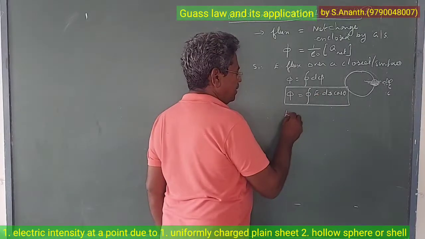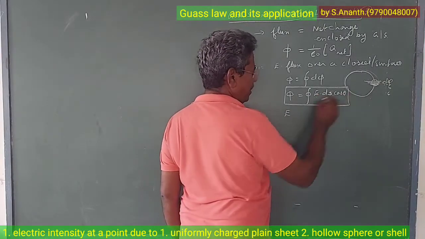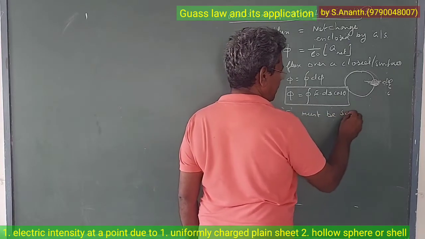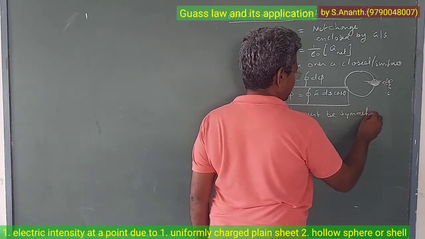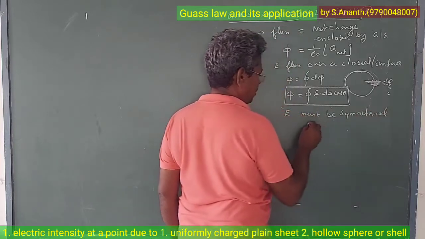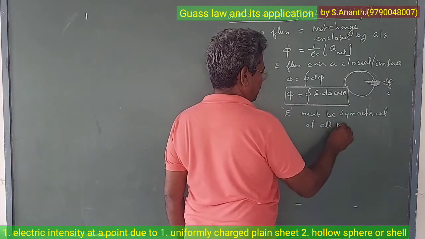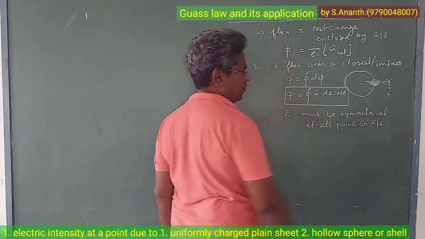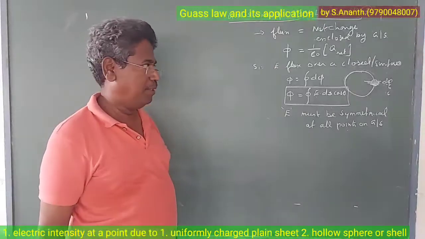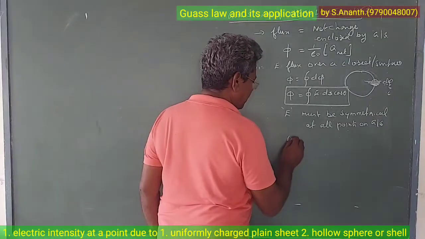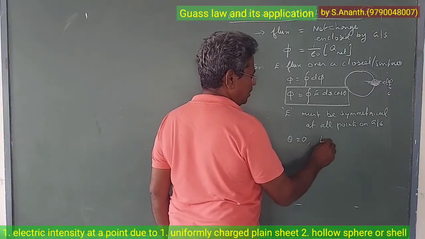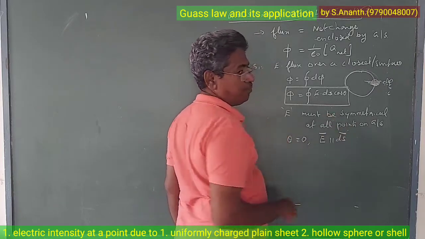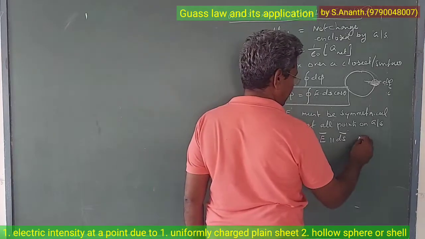The value of E must be symmetrical at all points on the Gaussian surface, otherwise Gauss law cannot be applicable. Then theta equal to 0 when the electric field E vector is parallel to the ds vector.